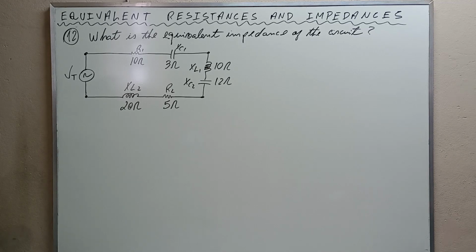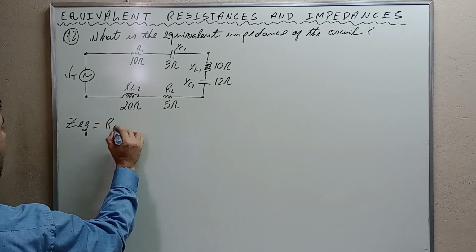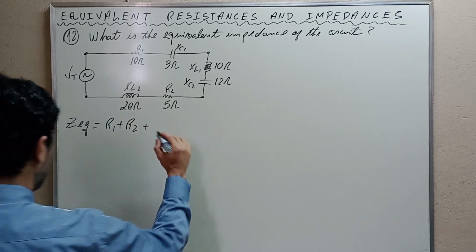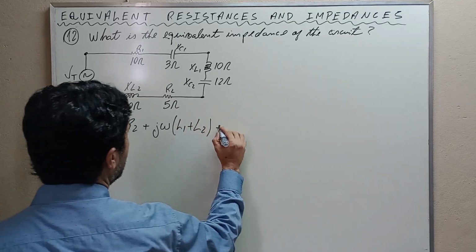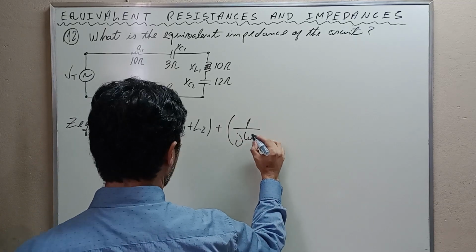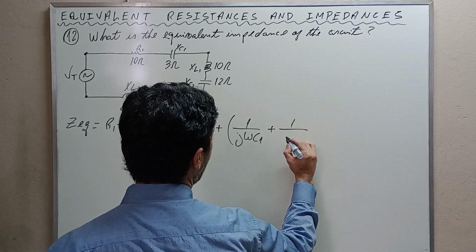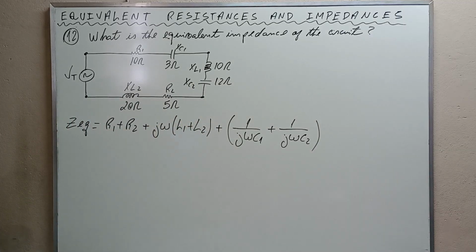Thus, the equivalent impedance is equal to R1 plus R2 plus JW(L1 plus L2) plus 1 over JWC1 plus 1 over JWC2. However, as we do not know the values of the capacitances and inductances, nor the frequency of the source, we can simply sum the impedances.